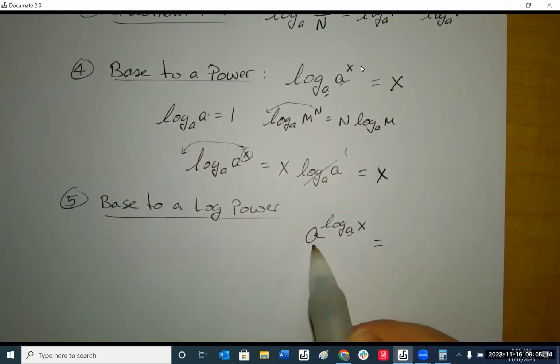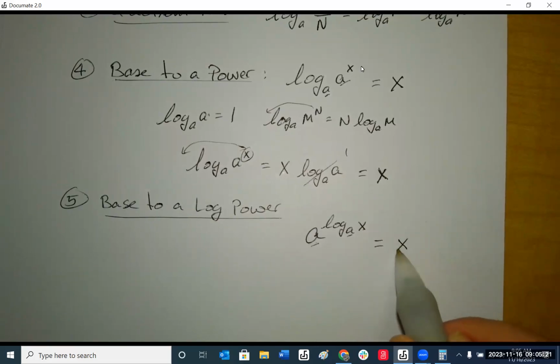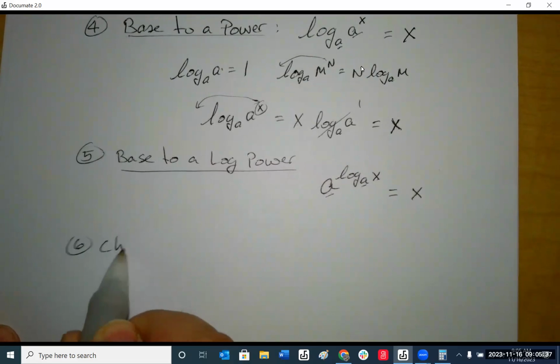If the bases are the same, they cancel out. All we have left is just x. And we also have the change of base.